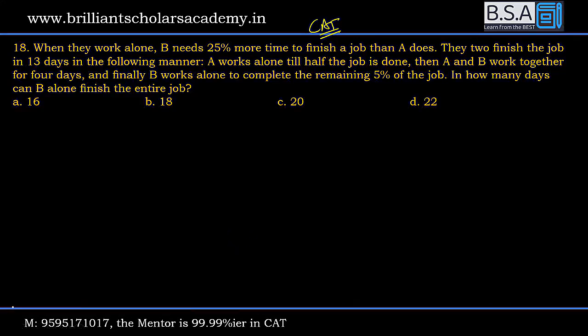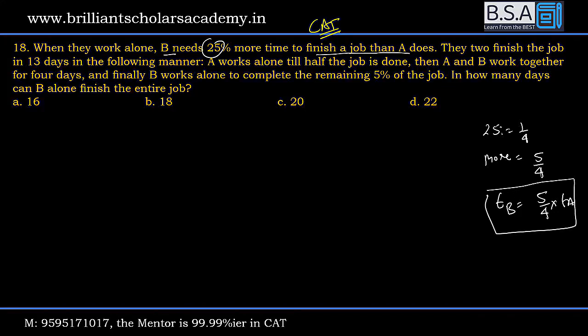The question starts by telling us B needs 25% more time than A. Do you remember? 25% is 1 by 4, and when you say more, you say 5 by 4. The time taken by B should be 5 by 4 times the time taken by A. Generally, while framing the question, the number of days are integers.